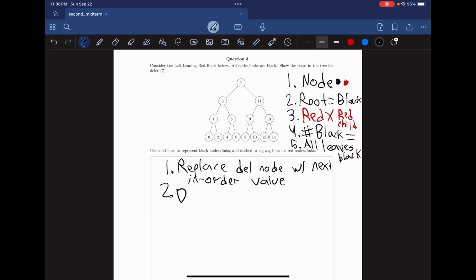And then the second step is going to be to delete the old value and rectify.